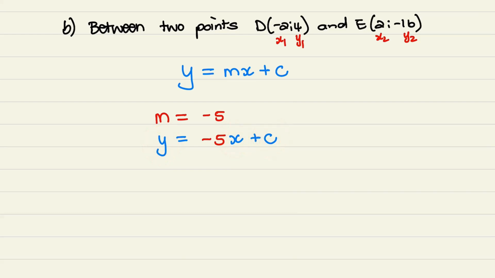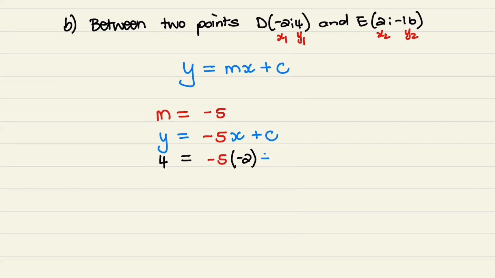But if you substitute y with 4, then you need to substitute x with negative 2. Alternatively, if you select point E, if you substitute y with negative 16, then you must substitute x with 2. So I'm choosing to substitute y with 4.